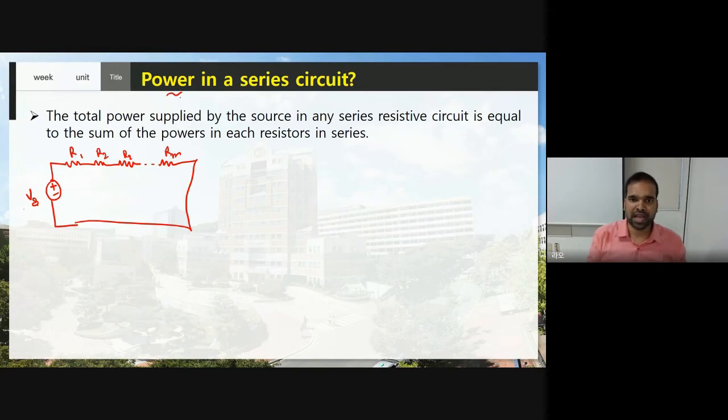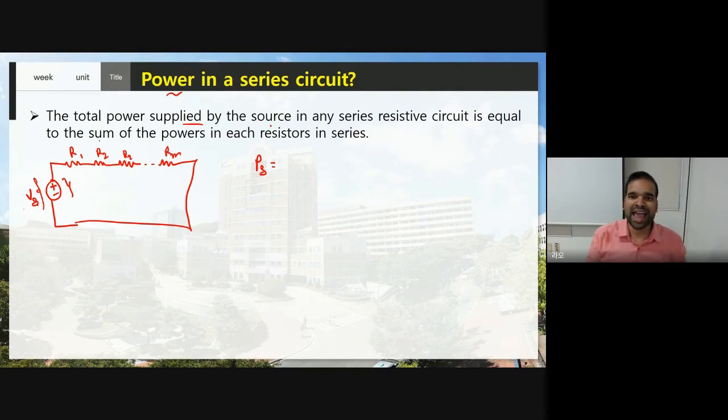Now as per this concept, the total power supplied by the source. As we have connected a source, this source will supply some power, right? That is PS, the total power supplied by the source. For each resistor some power will get dissipated, right?